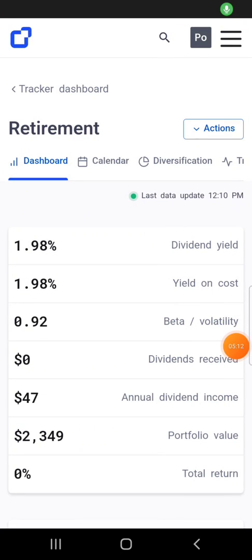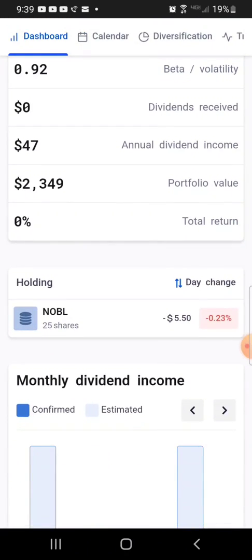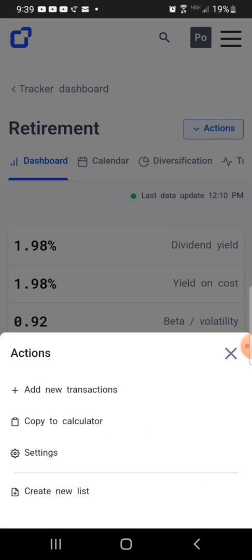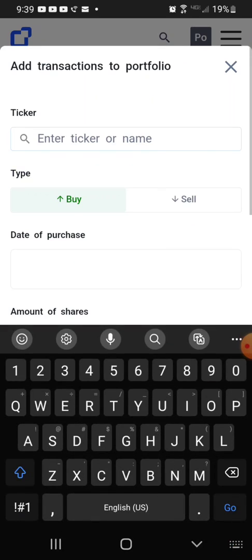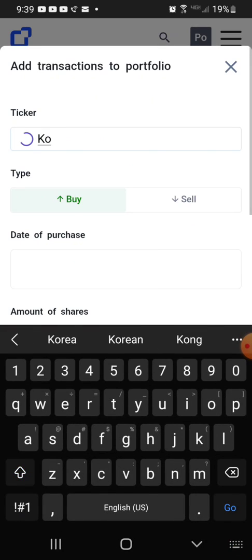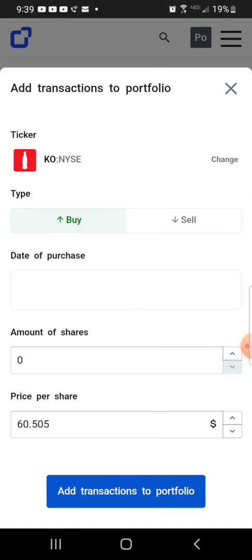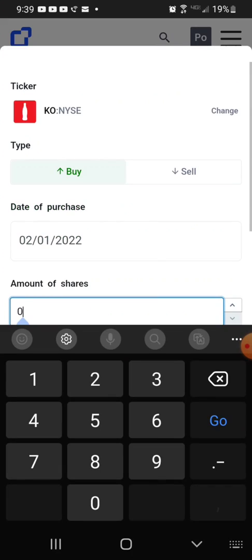All right, we're back on the retirement portfolio, and the next thing I want to do is go up here to actions and add a new transaction. The next company I want to add is, of course, Coca-Cola. It's a Dividend Aristocrat, and I also have that in my retirement portfolio. We're going to set today's date, hit buy, and put 9.